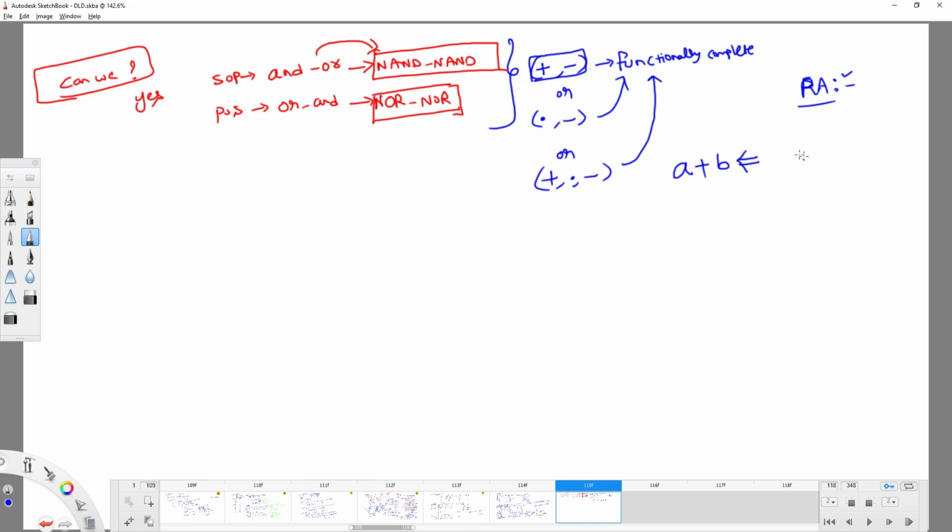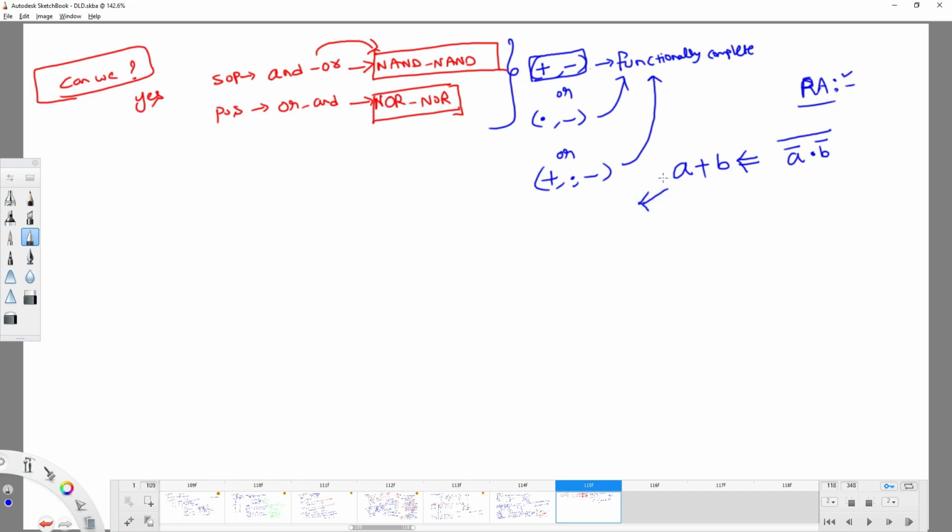Try to observe. Can I make use of A bar dot B bar whole bar? De Morgan's law, right? So can I now call AND and NOT functionally complete for this OR operator? Once you get the OR operator, can we get the NOR gate again?